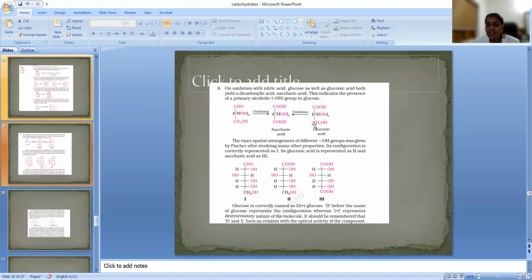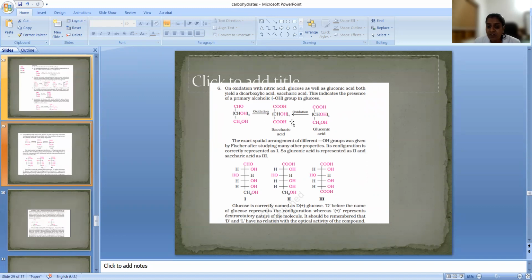So a primary alcohol will undergo oxidation with nitric acid and we will get the corresponding COOH. Here CHO needs even a mild oxidizing agent to convert into COOH, even though a primary alcoholic group is present. That is why this part also undergoes oxidation and we got COOH.